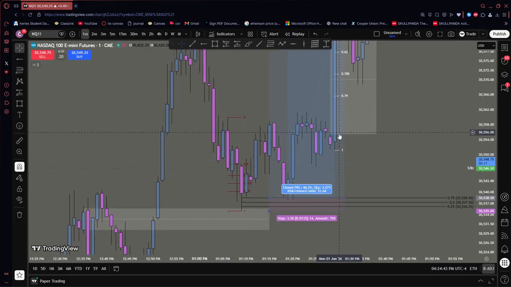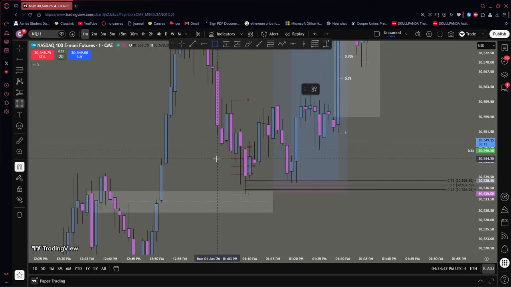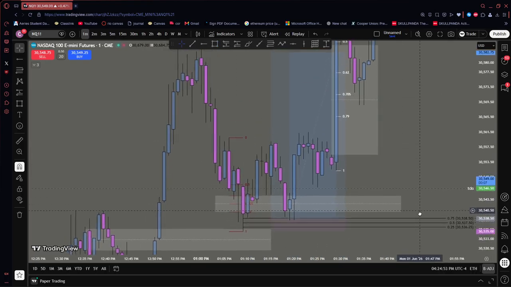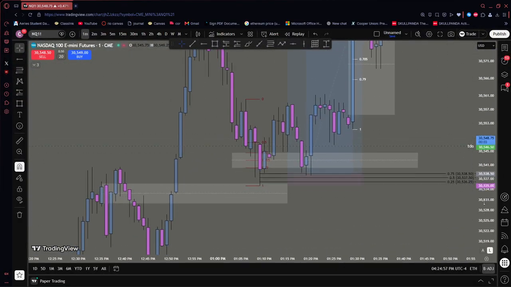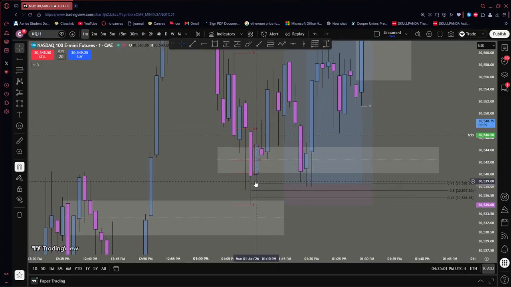And what do you want to see in a leg? You want to see a retracement back down into the OTE of the manipulation leg, either before or after tapping -1. In this case, it was before -1, -1.5, -2 got tapped into. This is still valid. And this area aligns perfectly with 0.79.